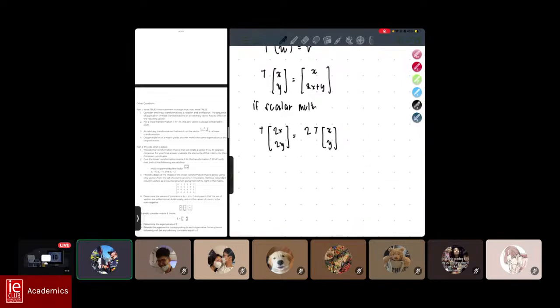Okay, so let's do that. We take these as inputs on the left, and these are the outputs on the right. Since x stays x, the first element is just 2x. And then the second is 2x plus y, meaning we take 2 of this, and then 2 of this.